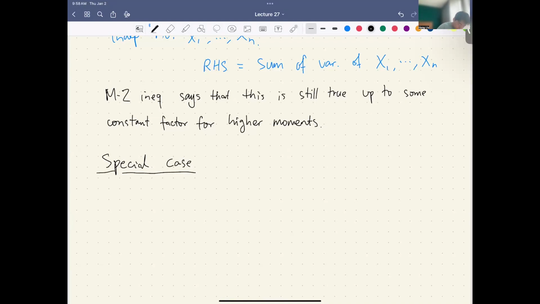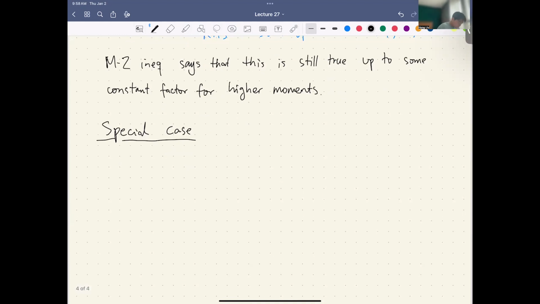We can prove that. Here's the lemma. This is another form of Khinchin's inequality.